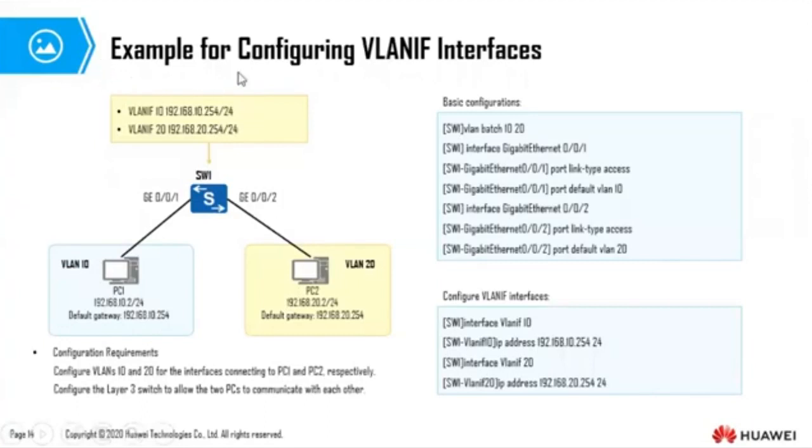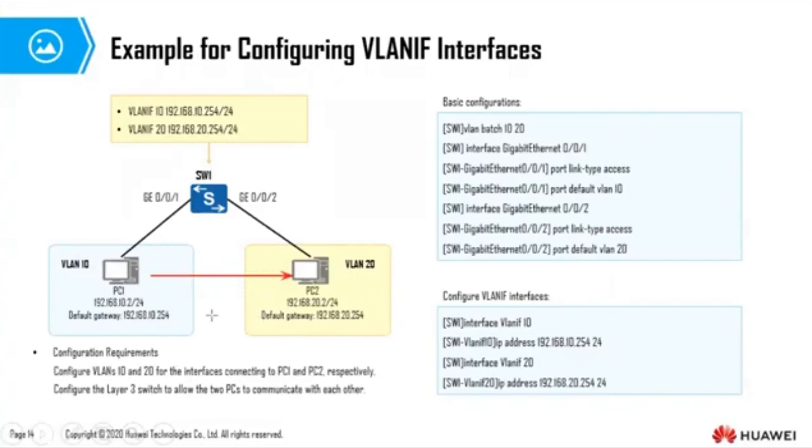So, an example of configuring VLANIF interfaces. It's quite some process, but not very complicated. We have two PCs here, PC1 and PC2. They're on different VLANs, VLAN 10 and 20 respectively. We want them to be able to communicate.